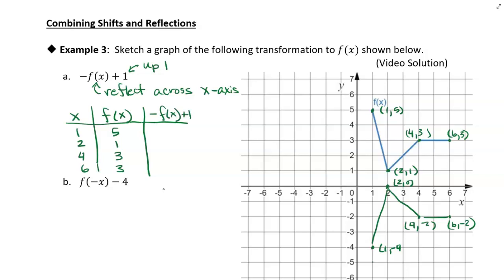So we're going to get, when f of x is 5, all right, the output of the new function is -5 plus 1, so it's -4. When f of x is 1, -1 plus 1, we're at 0, okay? When f of x is 3, then we get -3 plus 1, which is -2.